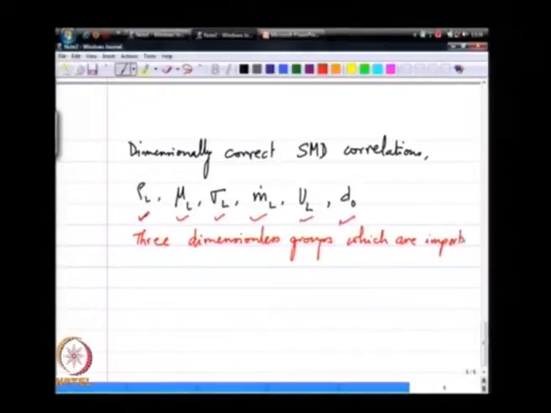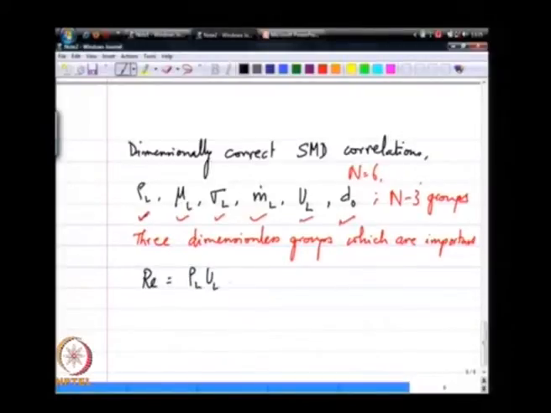How did I come up with this 3? I am expecting to find n minus 3 groups, and for this case n equal to 6, and I have 3 primary dimensions. Now, I can go through the so called Buckingham pi theorem analysis, or I will just write down the result, because this is standard UG classroom exercise.